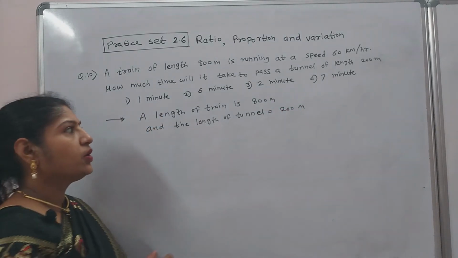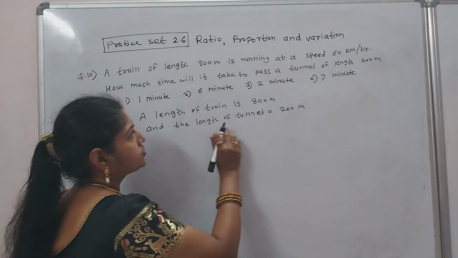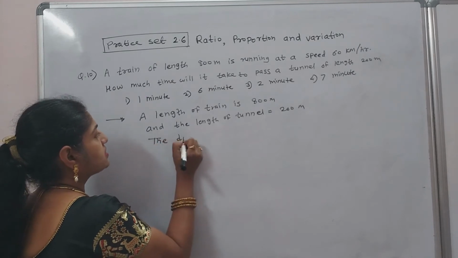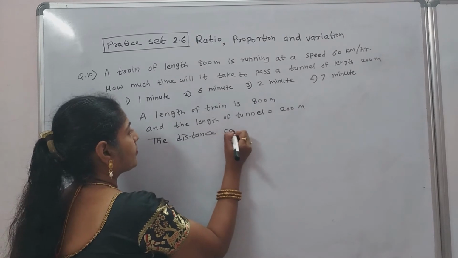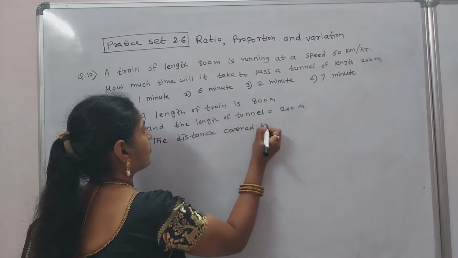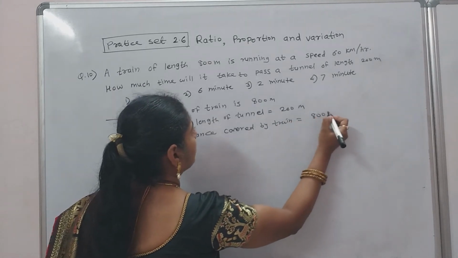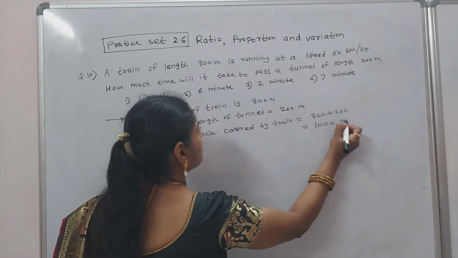The last part of the train must completely pass through the tunnel. The distance covered by train equal to 800 plus 200 meter, that is 1000 meter.